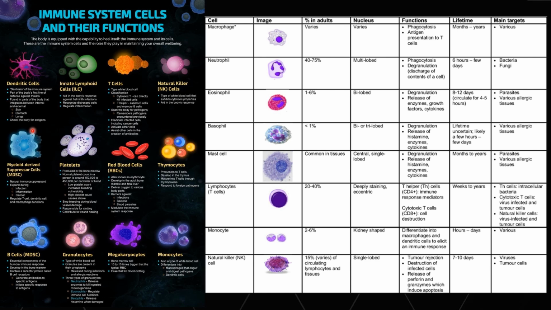They act immediately. They are found on the parts of the body that integrate between the internal as well as the external. That means skin, stomach, lungs. They check the body for the antigen. So they are basically the guard of the body. The moment you have any antigen exposure, dendritic cells act immediately.